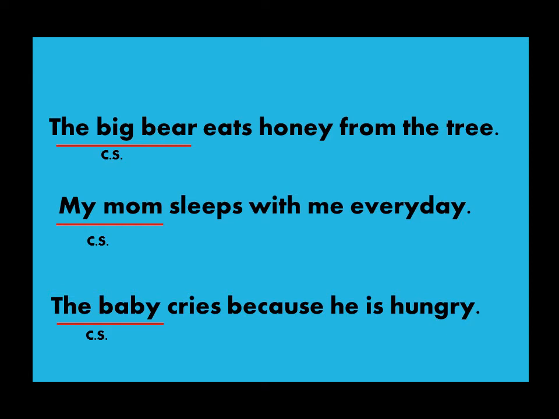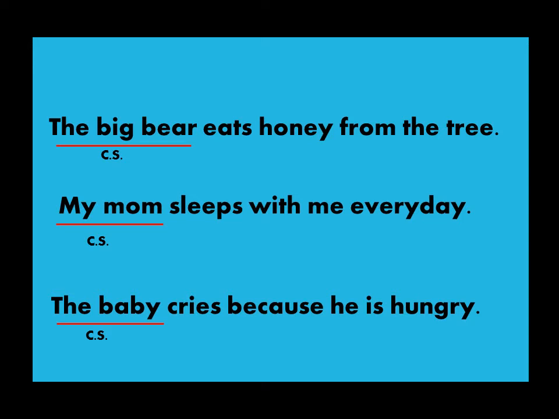Okay, so we're going to read the first sentence. The big bear eats honey from the tree. Let's read it again. The big bear eats honey from the trees. Remember the PPT that we saw yesterday? I told you that there is a clue to find the complete subject. Can someone remind me what question word we use? Exactly. Who? So we're going to ask the question: who eats honey from the trees? Exactly. The big bear. That's why I have underlined the big bear in red.